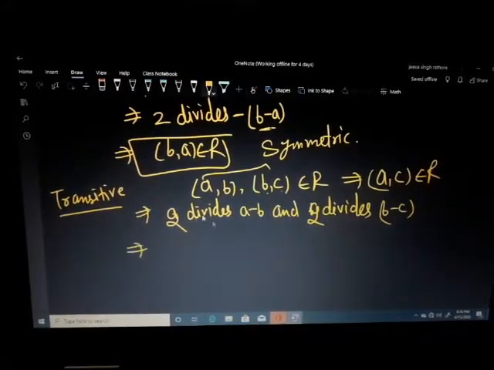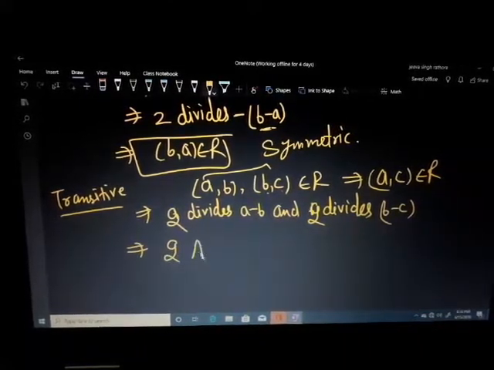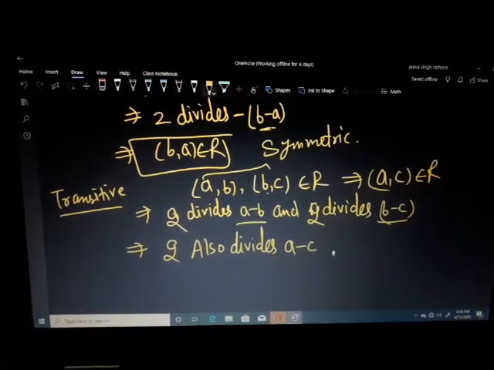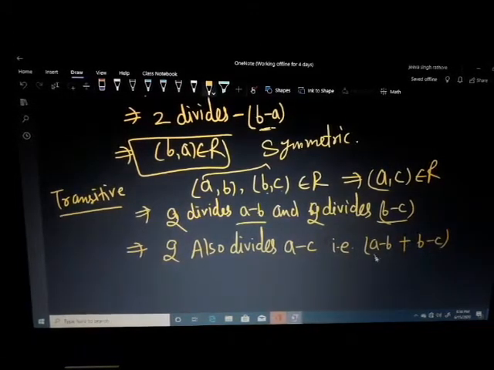So adding both of these I can write easily, 2 also divides, दोनों का ऐड कर दीजिए, this one and this one, (a minus b) plus (b minus c), we cancel b, a minus c.